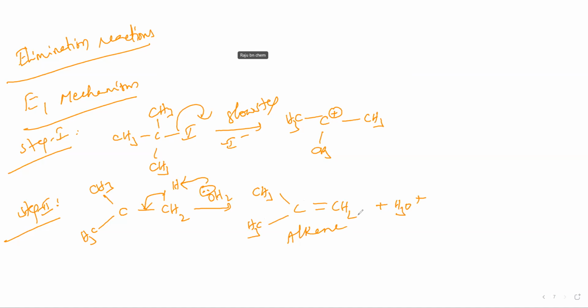So the final product is an alkene. So the E1 mechanism is favored by weak bases like H2O, alcohols. Okay.